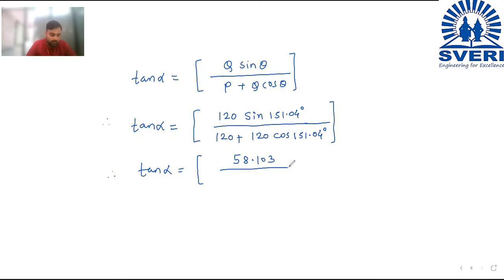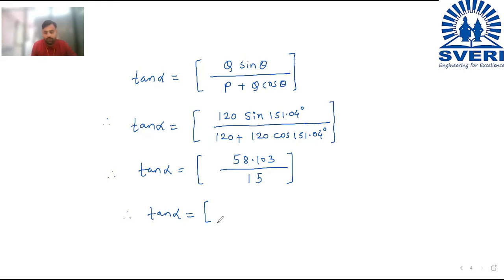120 cos. So here it is 15, I think. Please check whether I have written the correct values or some correction is there. Correct, sir.